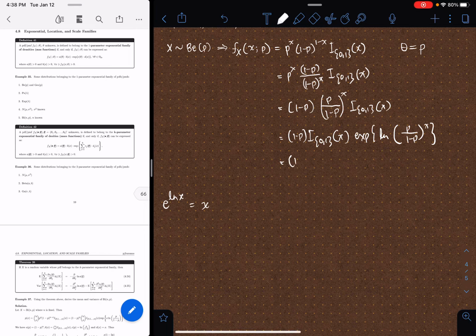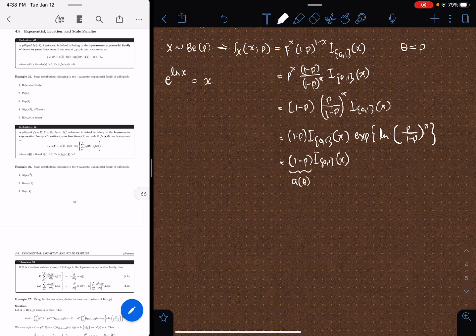We'll have, let me just move this here, 1 minus p times I 0, 1 of x. Okay, so this will now be our a of theta, and this is positive. Why?